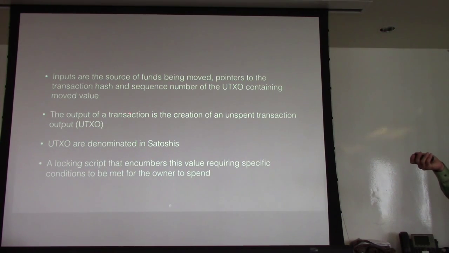So the output is basically a transaction which is a creation of this unspent transaction output. And the unspent transaction outputs, this is something interesting, they're always denominated in Satoshi. So Bitcoins are infinitely divisible, but currently they're divisible to 8 decimal places.